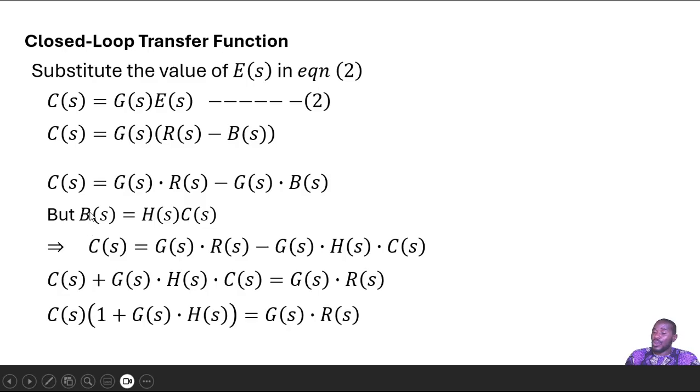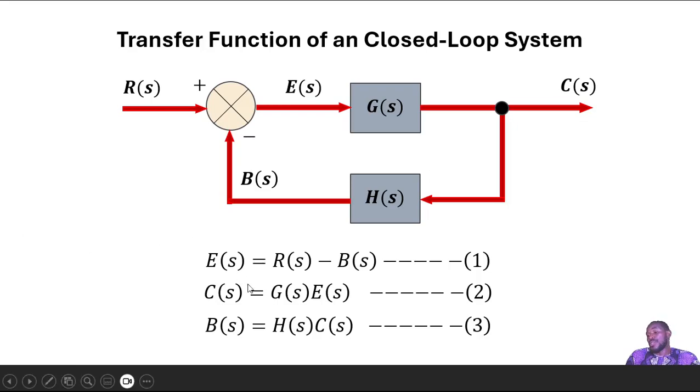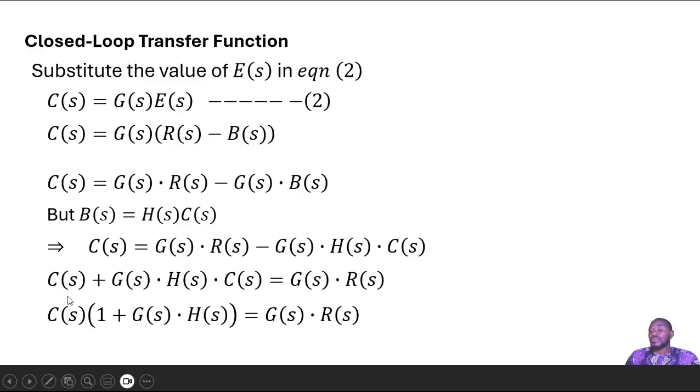But we know what B of S is, the feedback loop. Equation 3 tells us that B of S is H of S times C of S. So wherever we see B of S, we will substitute this value in its place.